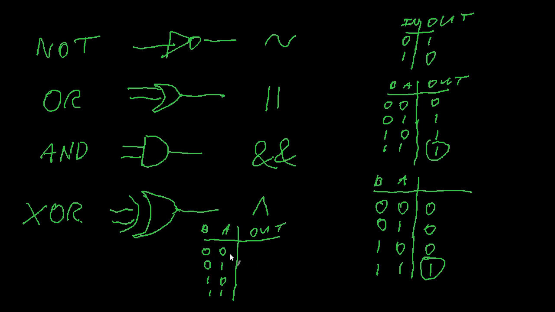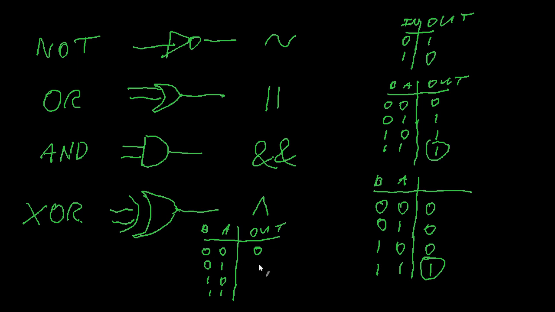Okay. Now, XOR is very much like an OR, and it's different from an AND. So it's exclusive, meaning that 0 or 0 still gives us a 0. 0 or 1, 0 XOR 1. I should have said 0 XOR 0.